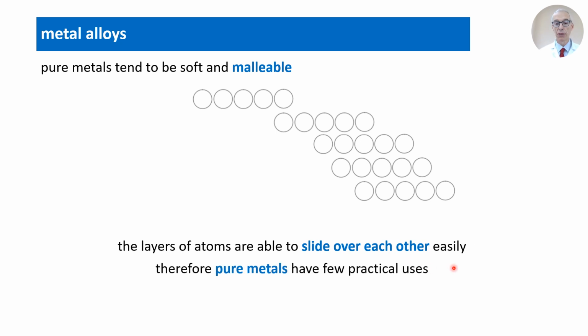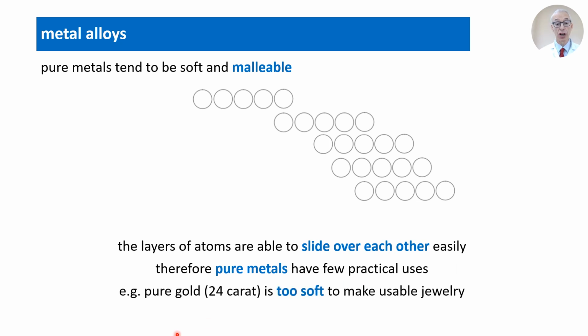That means pure metals have few practical uses. A good example is pure gold. You'd think, oh, wonderful, I'll have a pure gold wedding ring, 24 karat. It's too soft and will change shape very markedly. So I would recommend 12 karat or a maximum of 18 karat.